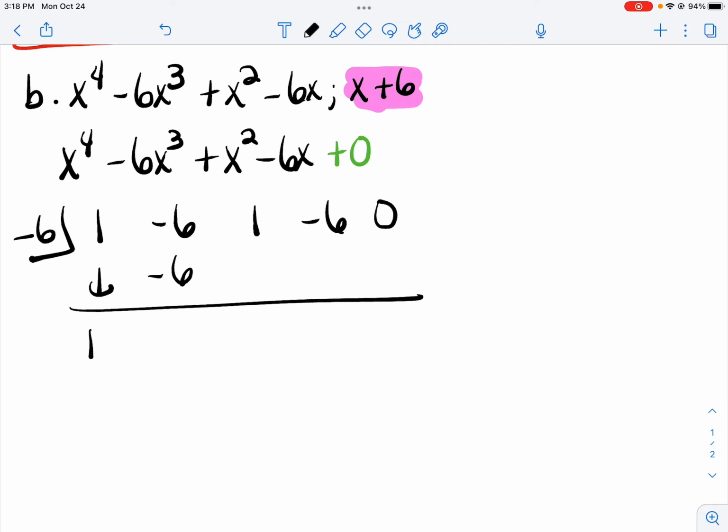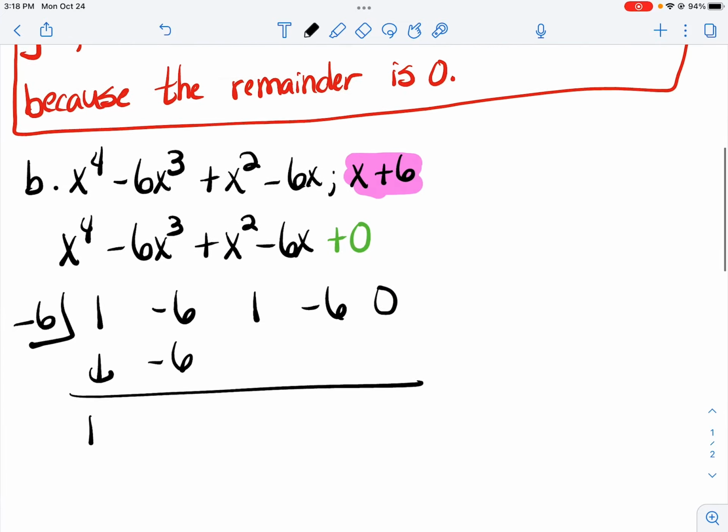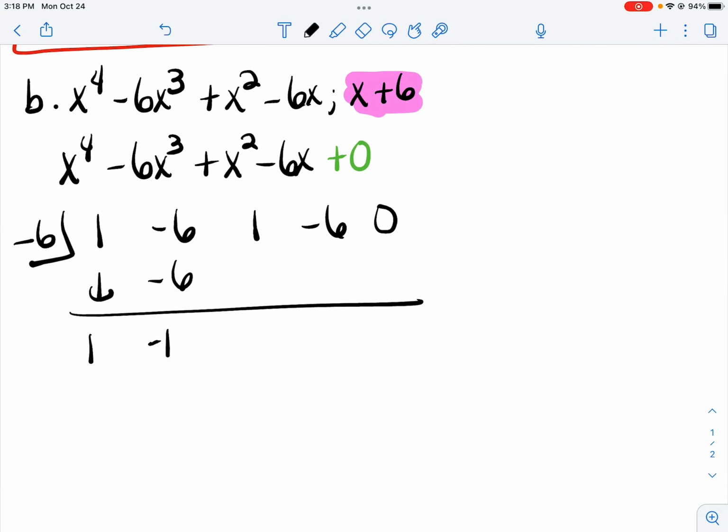1 times negative 6 is negative 6. Add that to the next column. Negative 6 plus negative 6 is negative 12. Multiply negative 12 times negative 6 gives me 72.